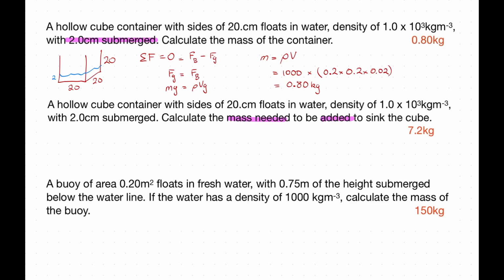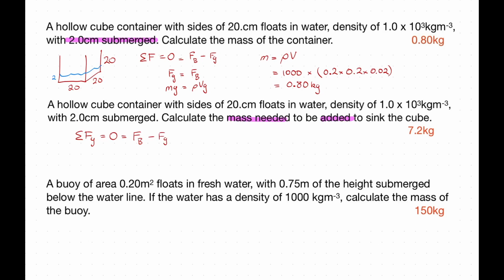So the minimum amount is when it's not going to accelerate down, it's not going to be pushed up. We are going to still need our forces to be equal to 0. So we're going to sum the forces in the y to be equal to 0, which is then going to be equal to exactly the same that I had before, our force of buoyancy minus our force of gravity.